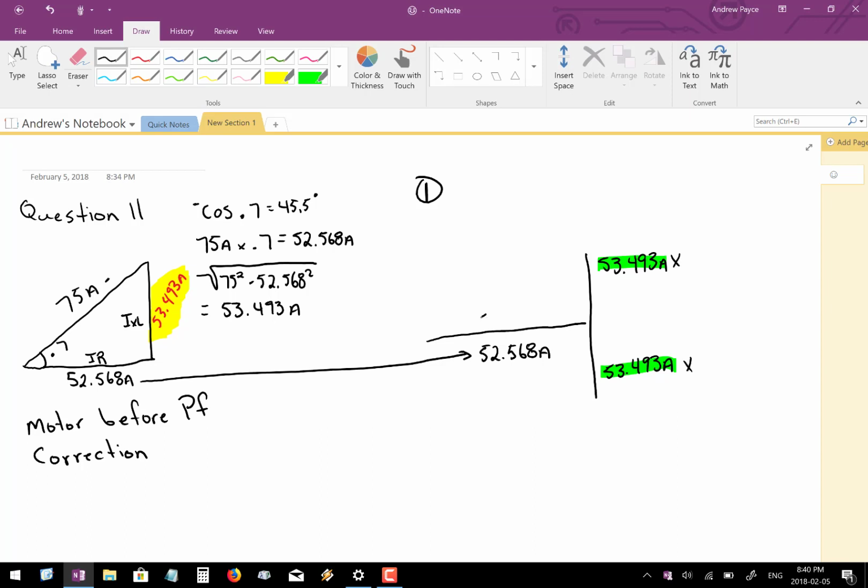So what am I left with? 52.568 amps. Okay, so the answer they should be looking for in that question is somewhere relatively close to 52.568 amps.